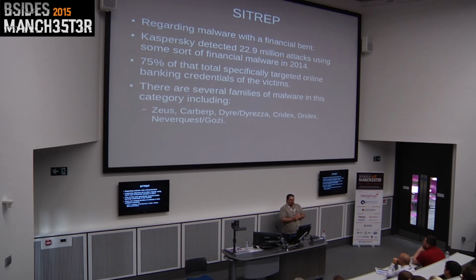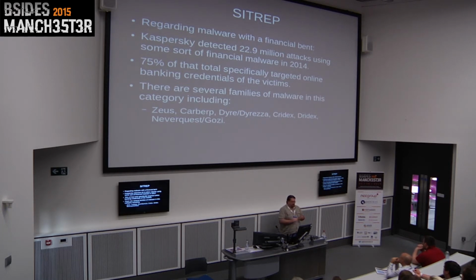But more importantly, as germane to this topic, 75% of that total is specifically geared towards stealing online banking credentials. Working for a financial services organization, that is of most concern to me. And as a consumer of possibly that financial organization or others, that should be a very large concern for you.